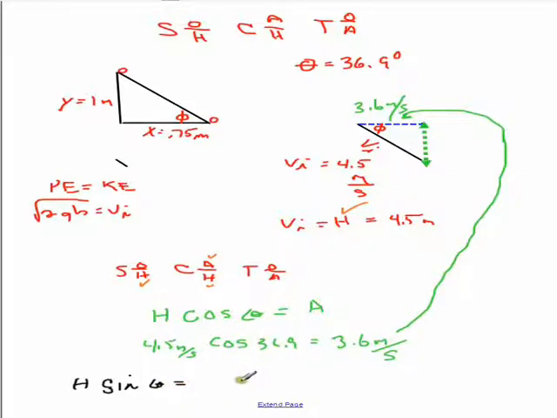And this becomes 4.5 meters per second times the cosine of 36.9 degrees.